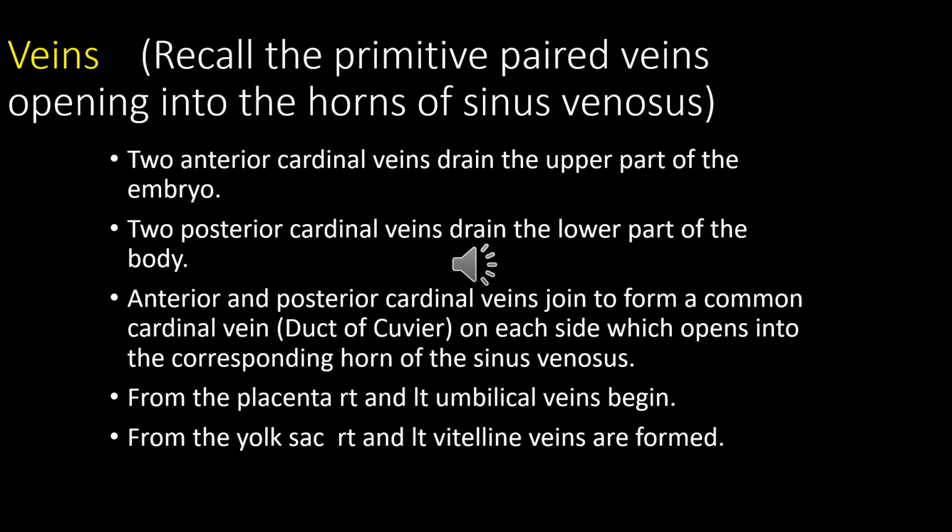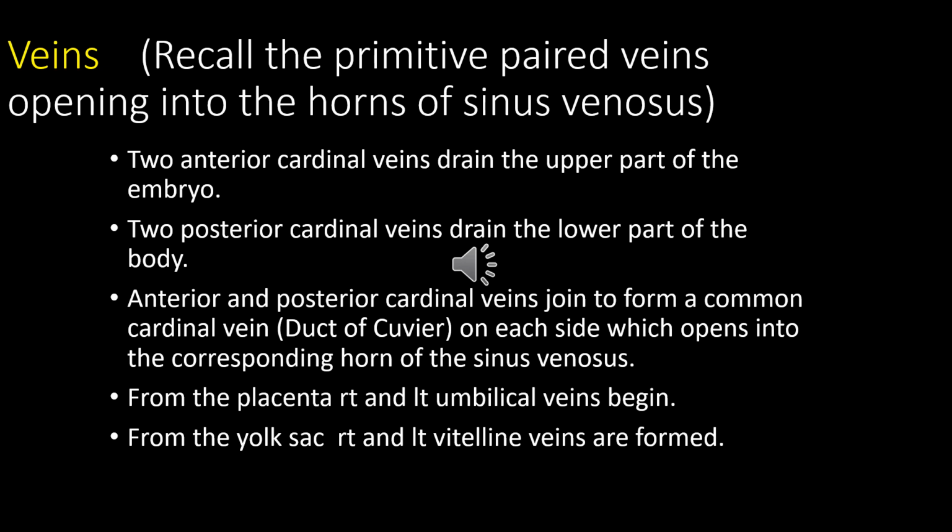While studying the heart, we made a mention about the sinus venosus, how it has a body and two horns, right and left, which will be receiving three sets of primitive veins: a pair coming from the placenta, called the umbilical veins, a pair coming from the yolk sac, called the vitelline veins, and finally, coming from the body wall, the anterior and posterior cardinal veins.